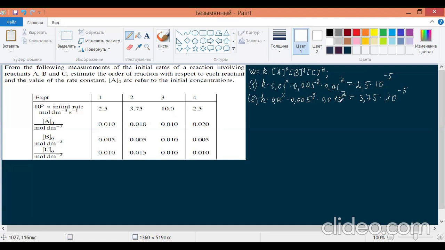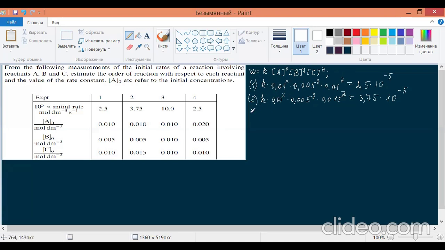So it's convenient to couple these two equations with each other. To be more specific, we will divide term by term equation 2 by equation 1, and the first three terms will cancel each other because they are the same.